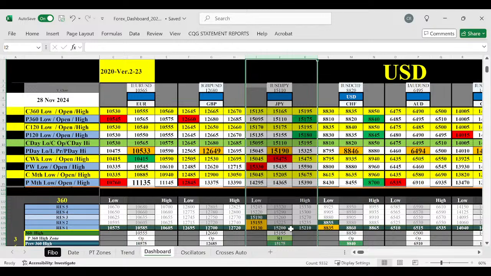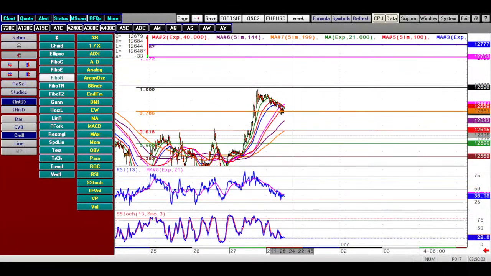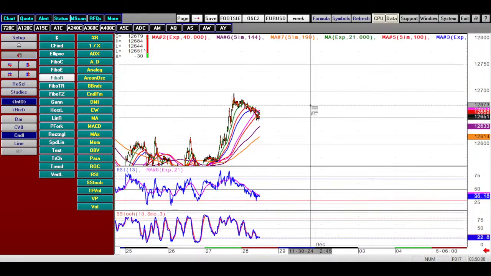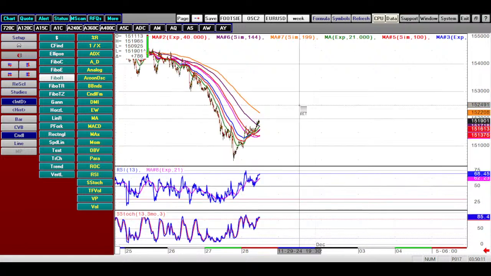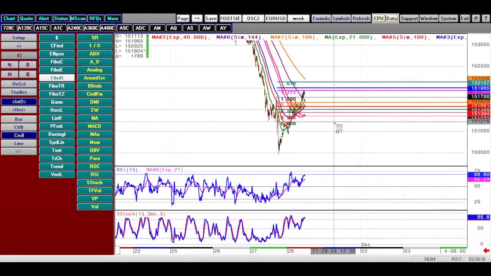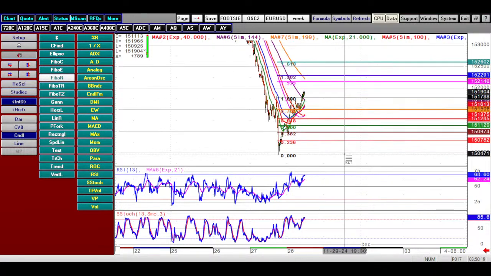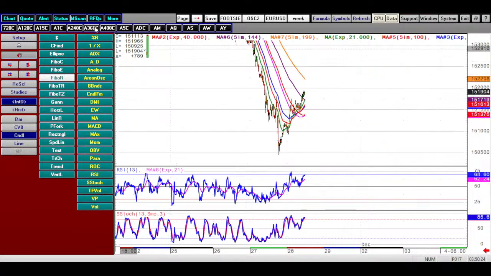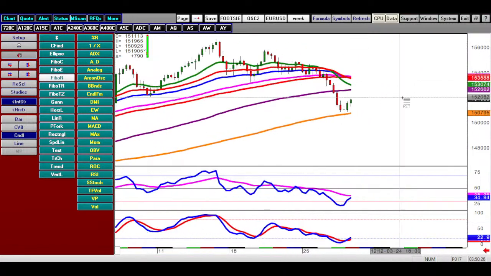Here this looks more reachable. Okay, 152.25, 152.30. Let's see whether we can get that level. Dollar yen. Okay, we are seeing the price moving higher, and we should see an extension towards 152.30. So 30 should be your level of entry.